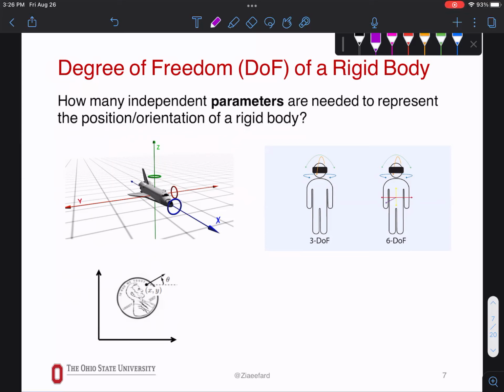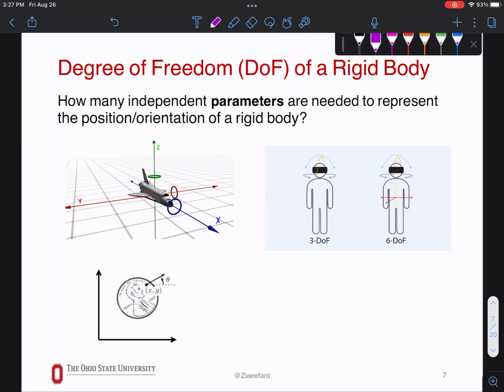You add them together and say how many? 6: 3 and 3. The airplane can go forward, and assume it can go sideways too. So forward, sideways, up and down for sure, and then you can roll, pitch, and yaw. So heading, rolling, and pitch, which is the nose going up and down. So 6 independent ways of moving that can describe all the different configurations of positions where this plane could be.